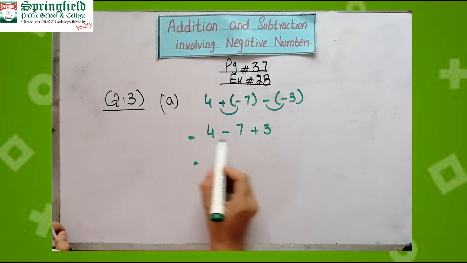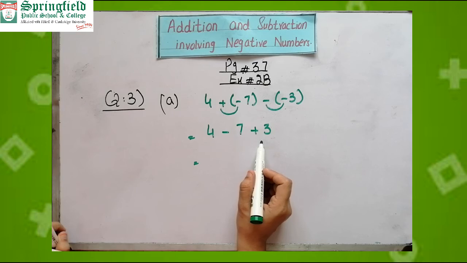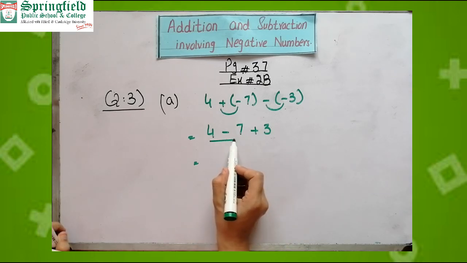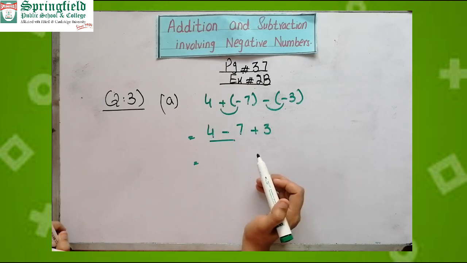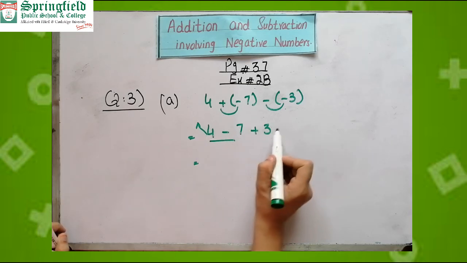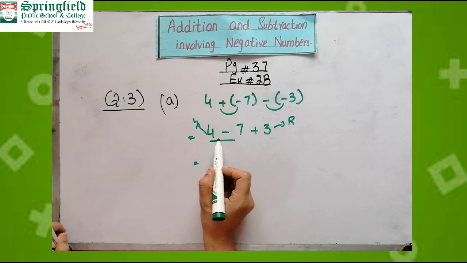This expression has subtraction and addition, so first we will solve the subtraction. Why? As we know, when an expression has negative and positive operations, we start from the left side. This side is the left and this one is the right. So always we start from the left side.